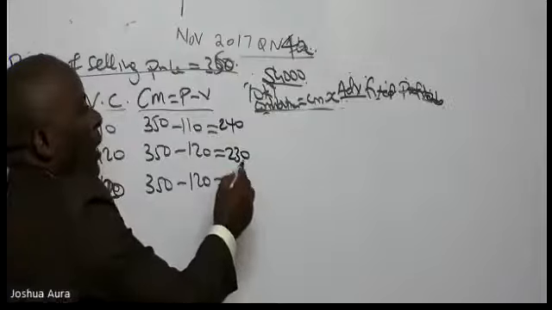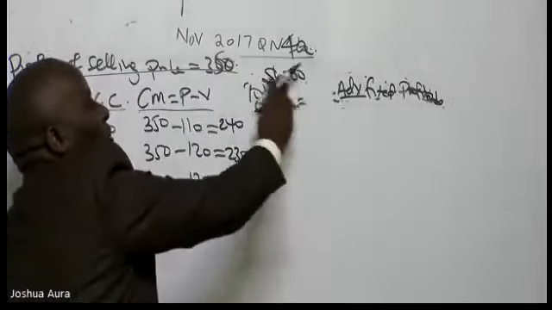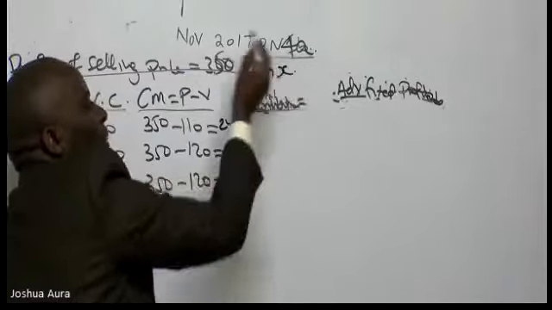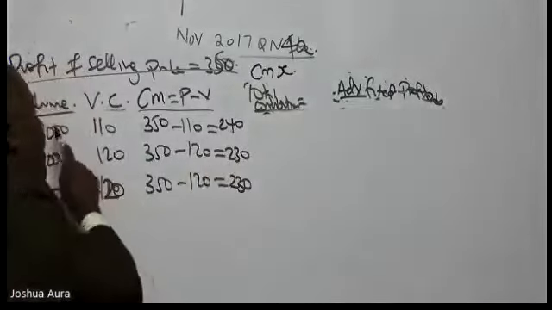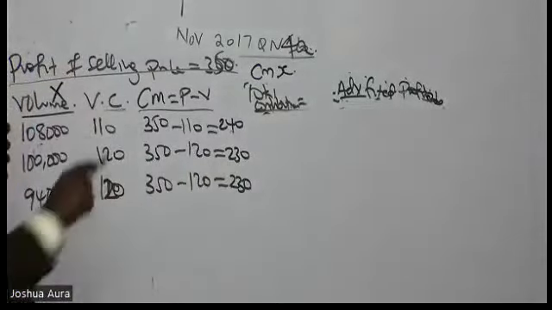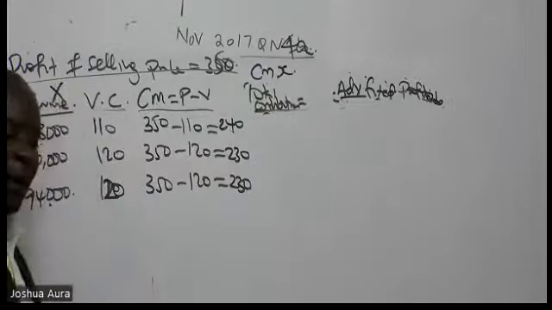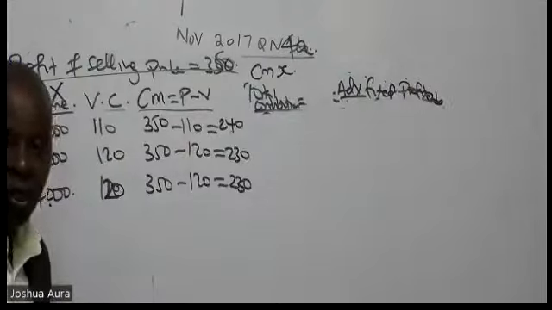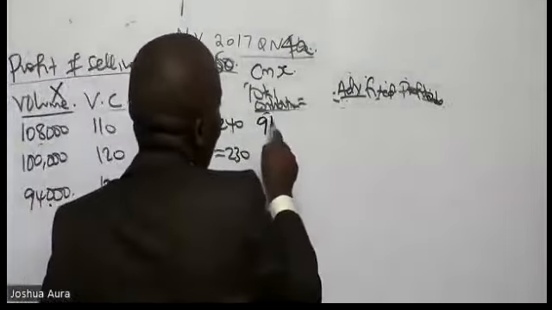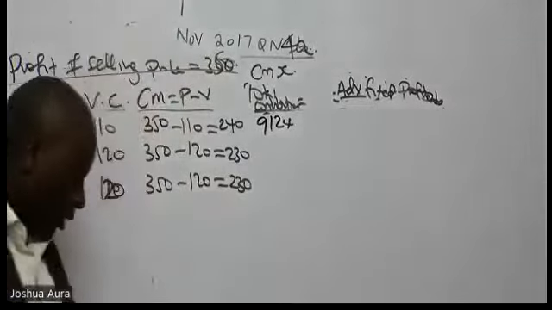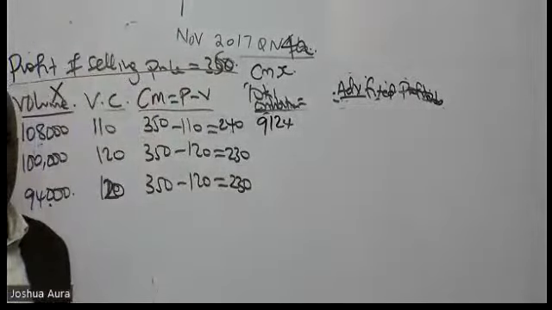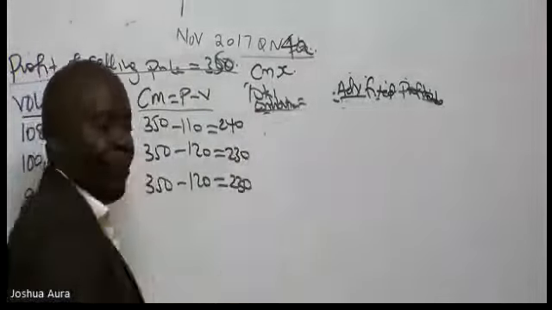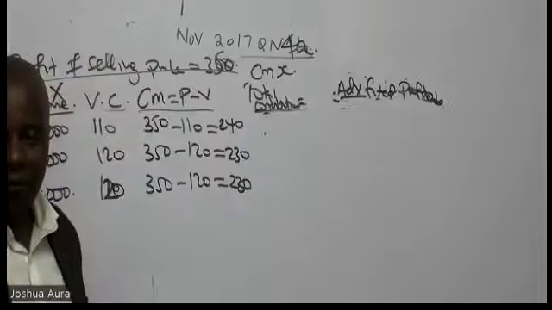So having gotten that, now we can easily get the total contribution in shillings thousands. Remember, to get total contribution, we take contribution per unit times number of units, divided by 1,000 because our figures are in thousands.